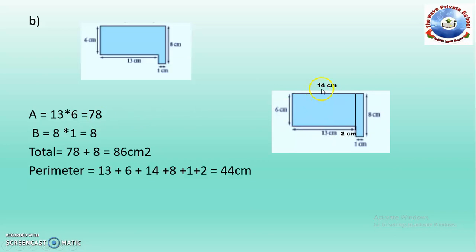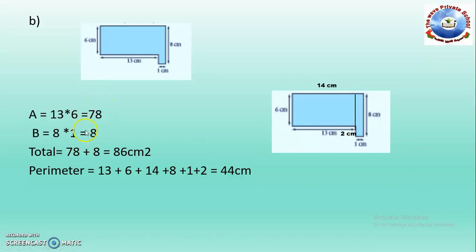You cannot say 14 multiplied by 6 because 14 is the total length and we have to find just A part until this line. So 13 multiplied by 6 is the area A of rectangle, and 8 multiplied by 1 is the area B of rectangle, that is 8.